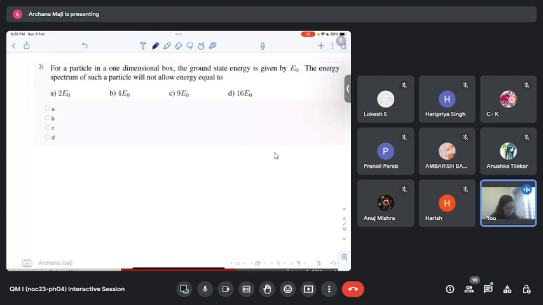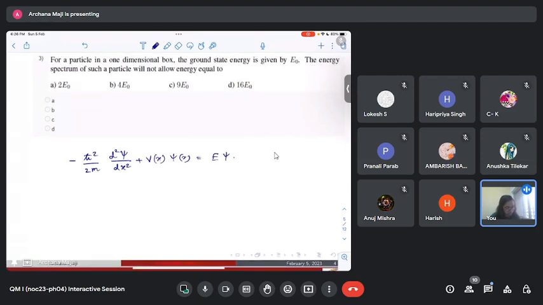Okay, just for completeness. So what we do is: minus h cross square over twice m, d2 psi dx2, plus V psi is equal to E psi. For a particle in a one-dimensional box, the potential will be 0 inside that box. Potential is 0 inside the box and infinity elsewhere, with the box from 0 to x equal to a, let's say.